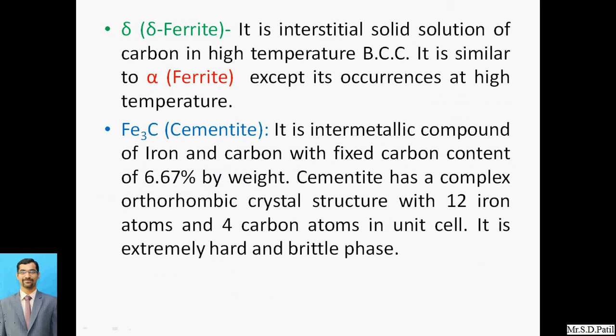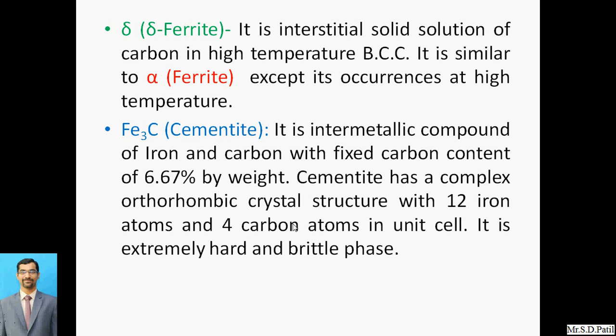It is an intermetallic compound of iron and carbon with fixed carbon content of 6.67% by weight. Cementite has a complex orthorhombic crystal structure with 12 iron atoms and 4 carbon atoms in a unit cell. It is extremely hard and brittle in nature.